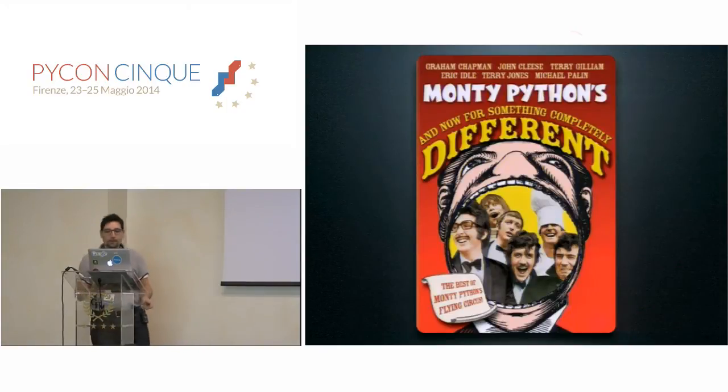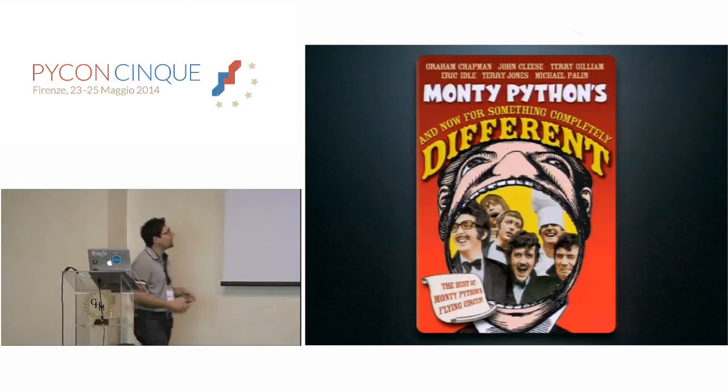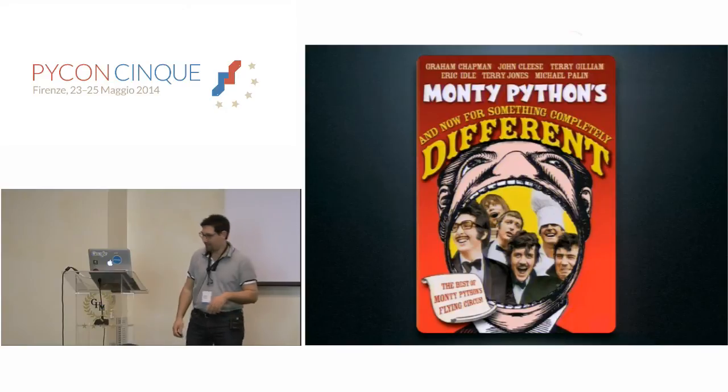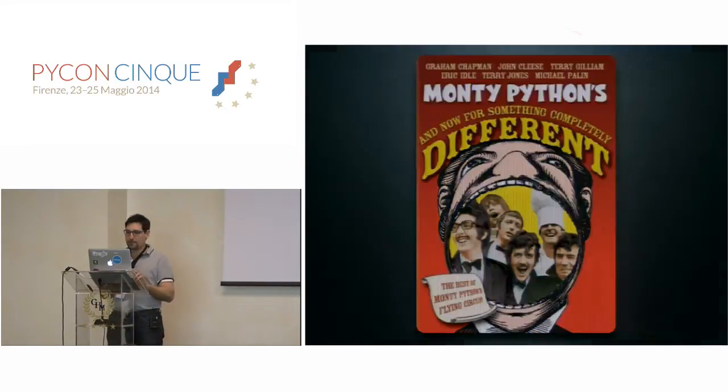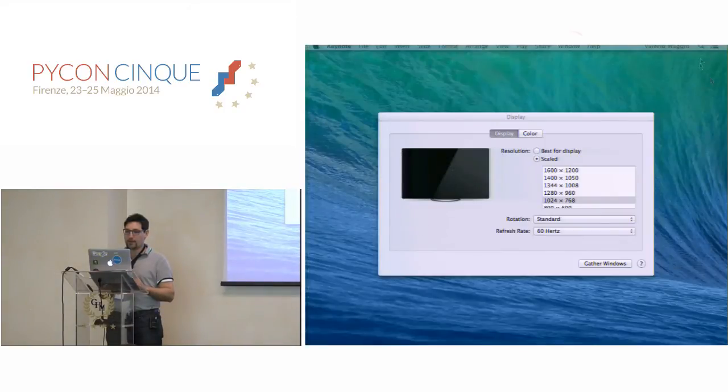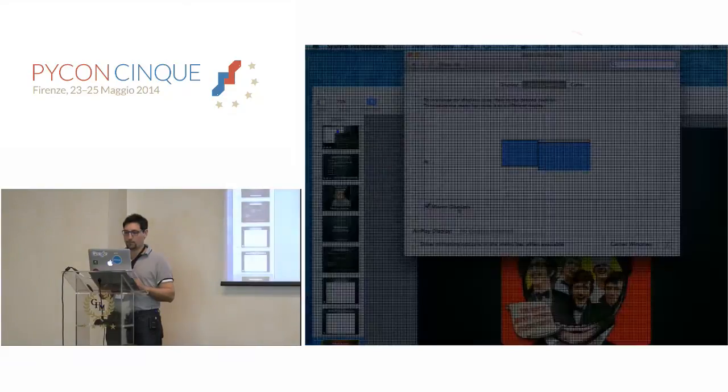Okay, so the last part, now for something completely different, as Monty Python said. And for this part, we're going to use iPython notebook and some demo online. So pray for me that everything works.